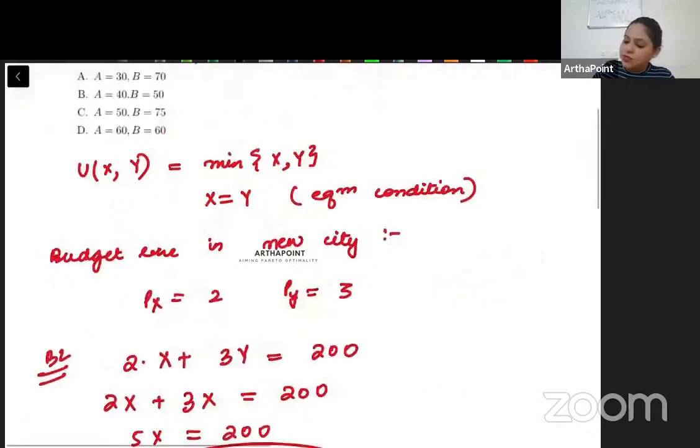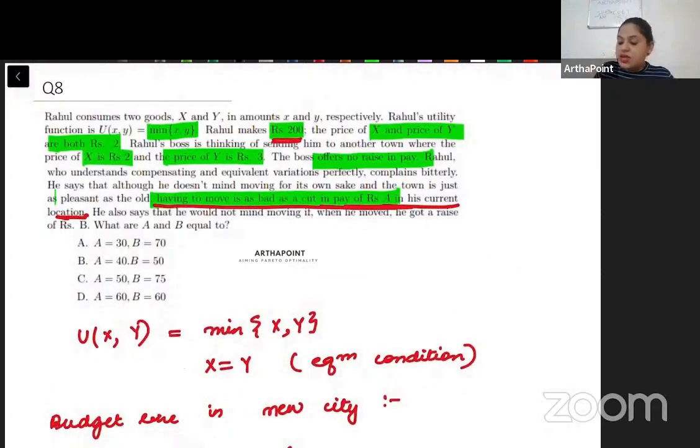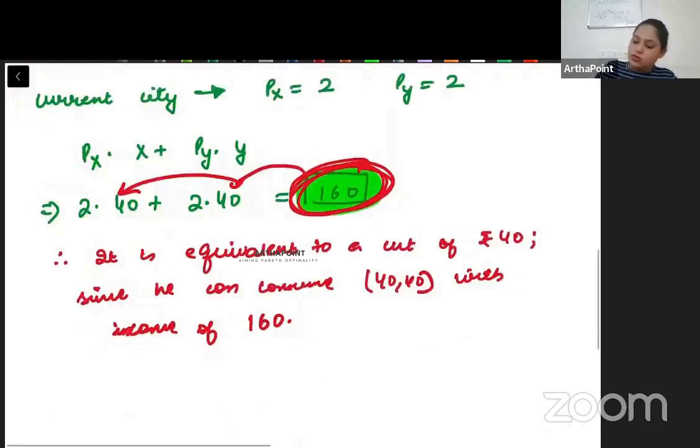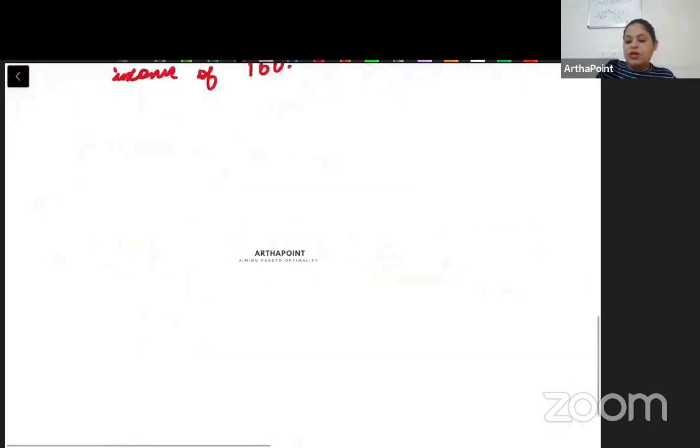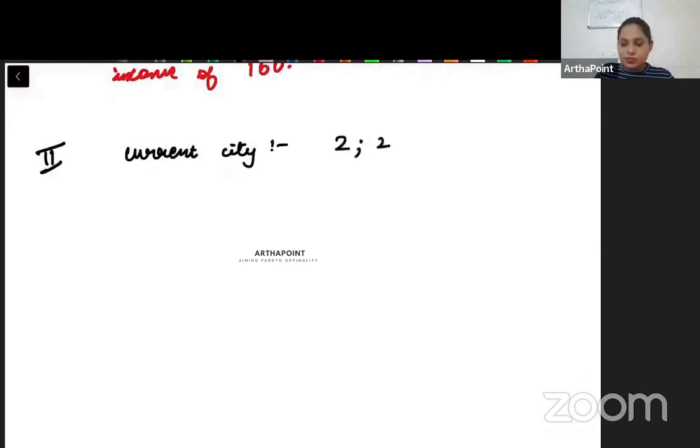Come to the second part now. The second part says, he also says that he would not mind moving there when he moved, he got a raise of B. So now let's look at the second part. In his current city, the prices are 2, 2, right?